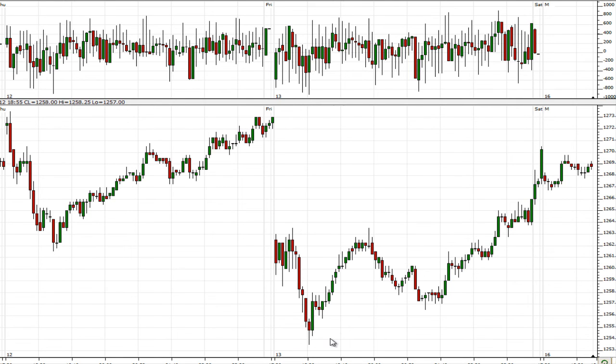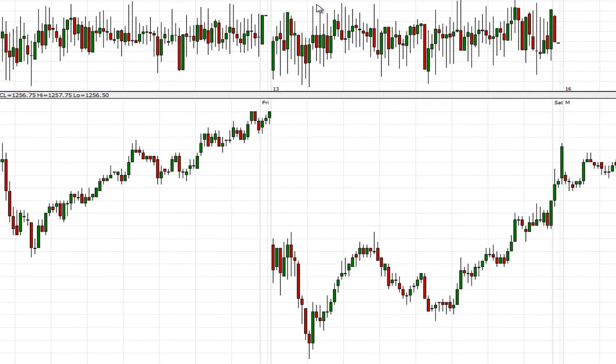And then that confirmed that that was a good selling extreme when we shot right back up and we formed a buying tail. Now you'll notice that when we shot up, we hit plus 700 on the tick, right? But we didn't just tank right back down after that tick extreme. We balanced and then we started hitting more higher tick extremes.